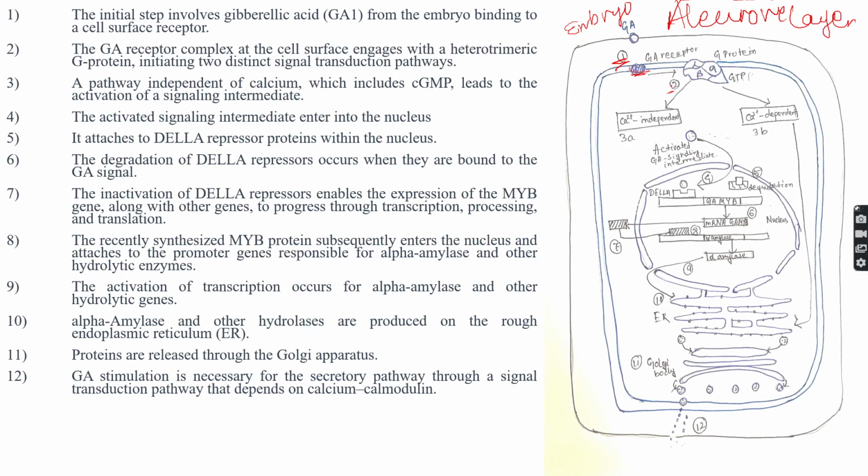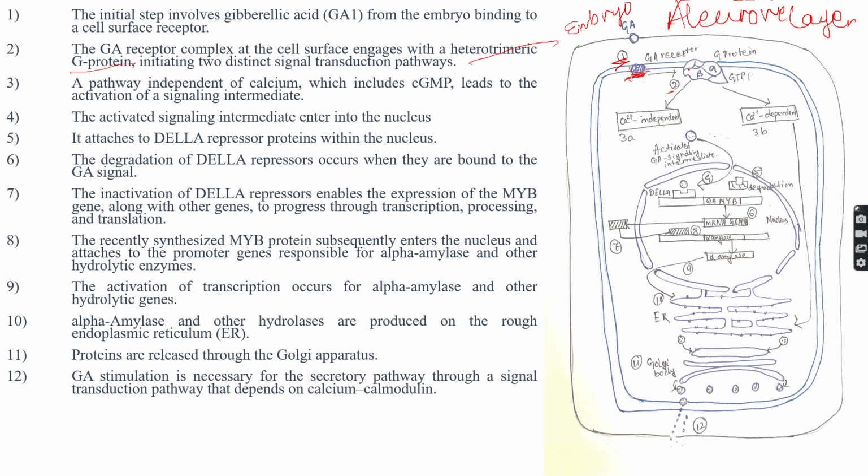So in the second step, the GA receptor complex at the cell surface engages with heterotrimeric G protein. So in the membrane itself, there is a G protein which is activated by the active receptor of GA after receiving the GA molecule.